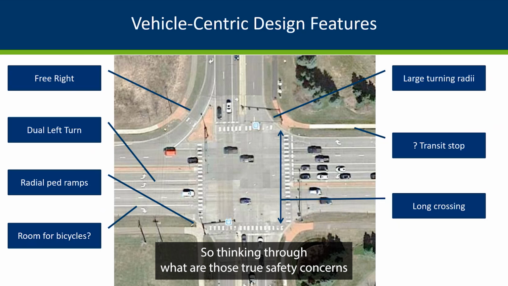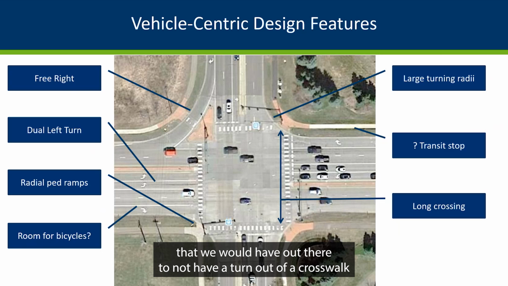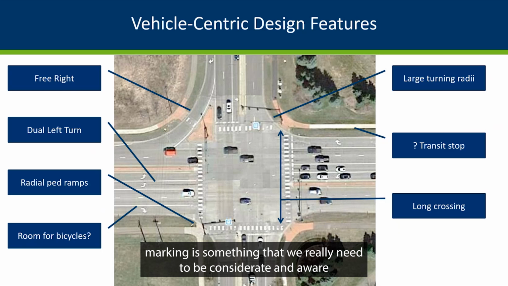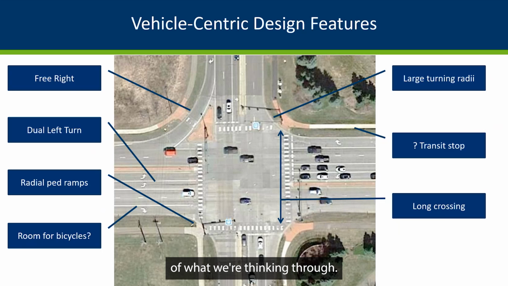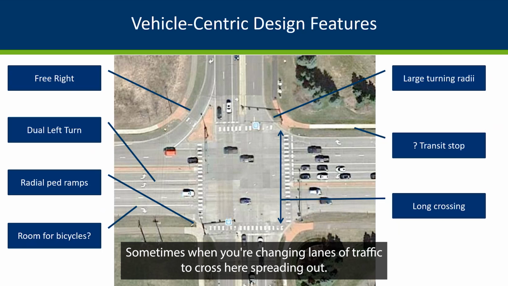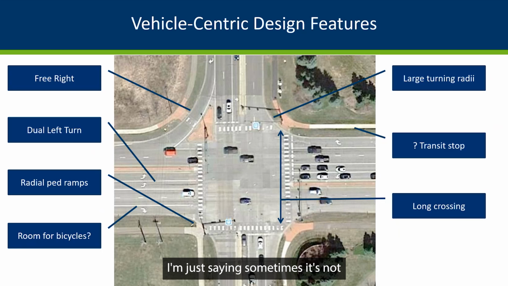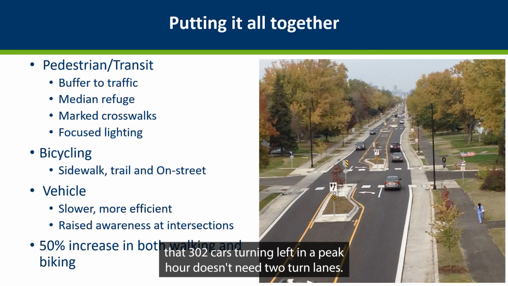So thinking through what are those true safety concerns that we would have out there to not have a crosswalk marking is something that we really need to be considerate and aware of. Hey, to be clear, sometimes we need turn lanes. We know that, right? And sometimes we need 2 of them. 8 lanes of traffic to cross here in suburban context. I'm just saying, 302 cars turning left in a peak hour doesn't mean 2 turning lanes.